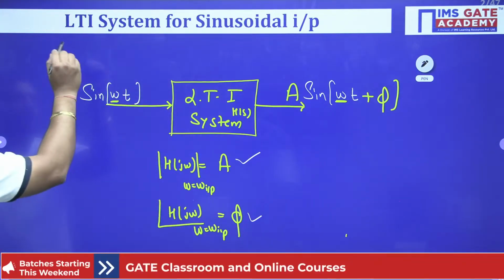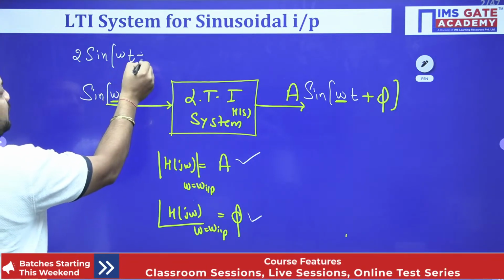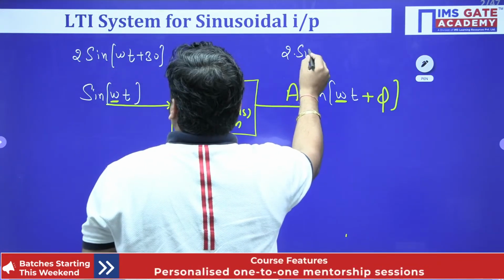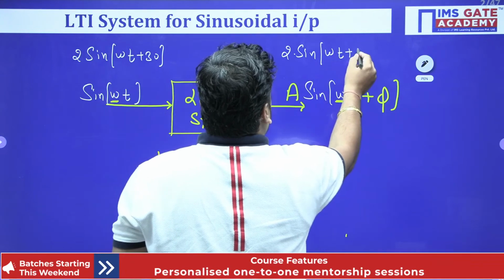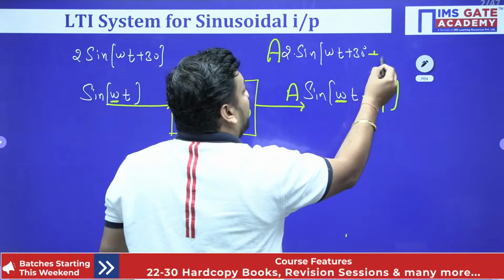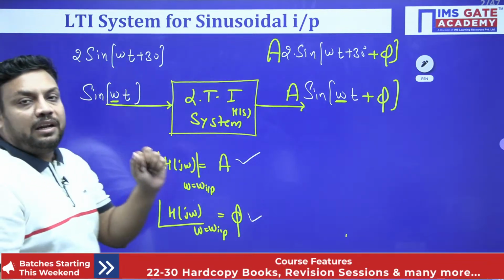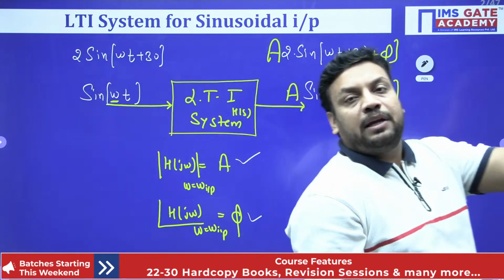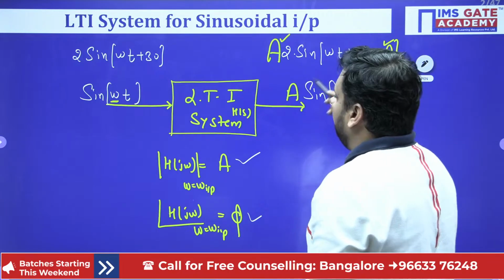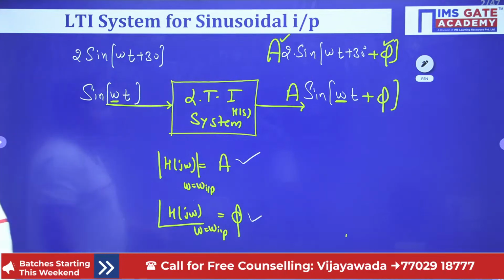Suppose my input signal is 2 sin(omega t plus 30 degrees), then the output should be 2 sin(omega t plus 30 degrees) remaining the same, and additionally A will come and phi will come. It means whatever magnitude and phase the input signal carries, it is forwarded as is to the output, but the amplitude A and phi are provided by the system only, whereas the frequency omega remains the same as the input.